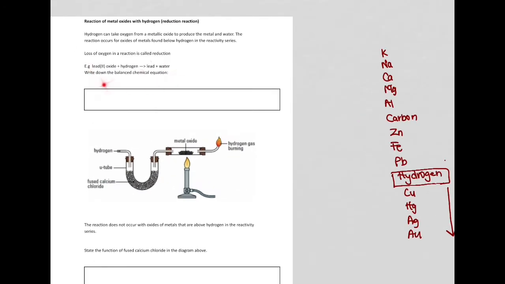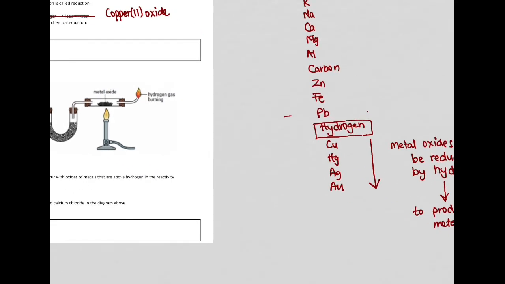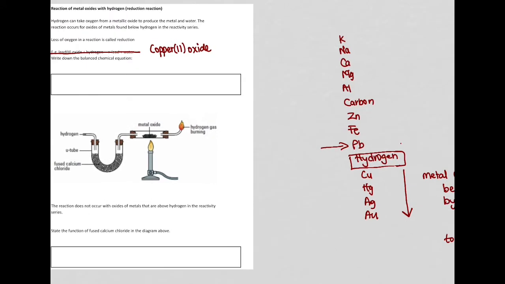Now here there is a mistake, so I want you to just cross this out. We're going to do the reaction for copper 2 oxide reacting with hydrogen, because lead is above hydrogen, so lead oxide cannot be reduced by hydrogen.